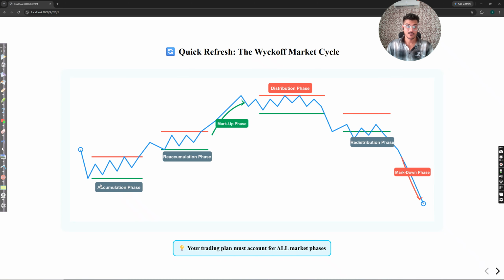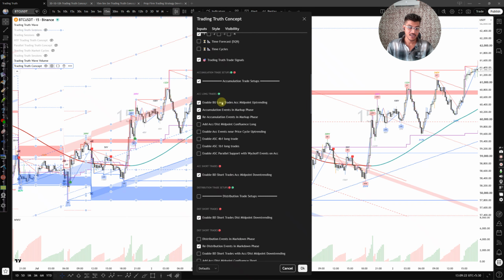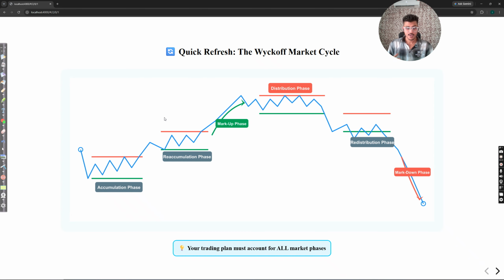So here you can see, suppose your trading plan includes just taking long trades, buying action, in that accumulation phase. It will only show you the trade setups with regard to that. And I can disable that, and there we go. We only have trade setups on the accumulation, like that. So your trading plan will consist of addressing different phases in the market.